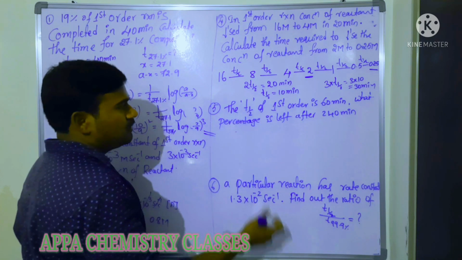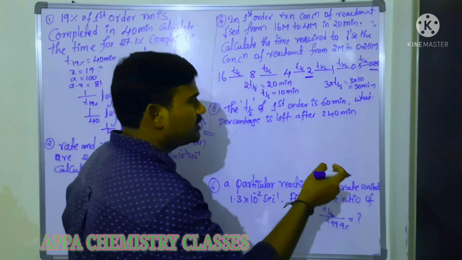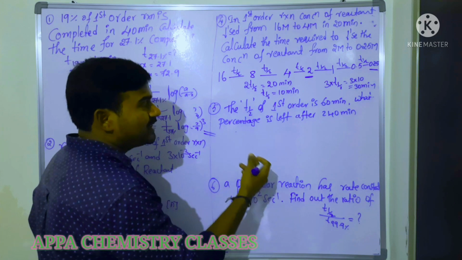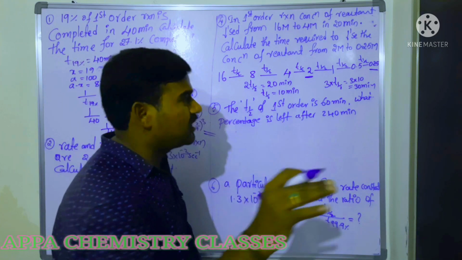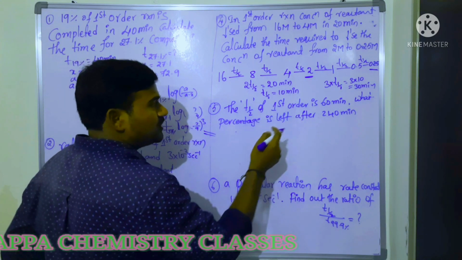So next is question number 5. The t half of a first order reaction is 60 minutes. What percentage is left after 240 minutes? It is also very important. The half-life of the first order reaction is 60 minutes.